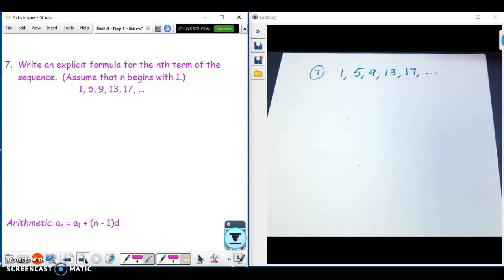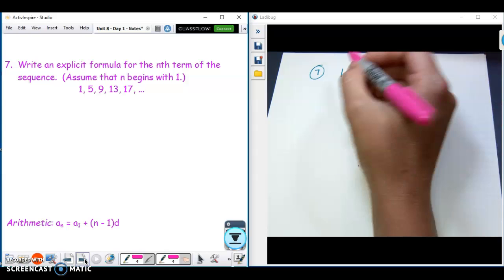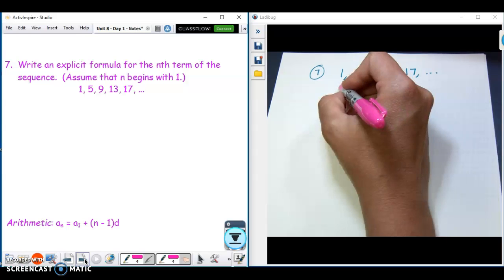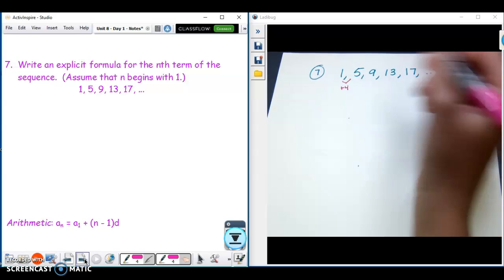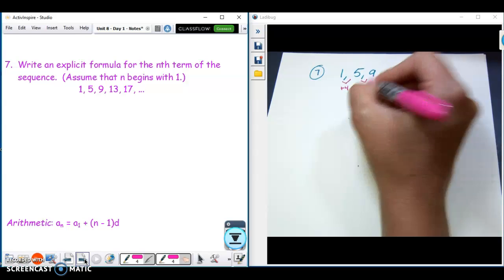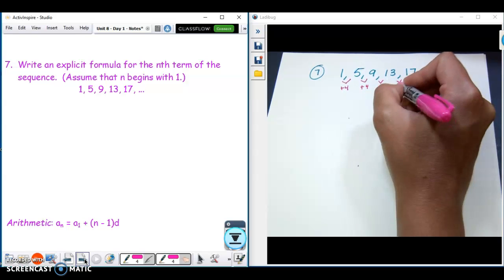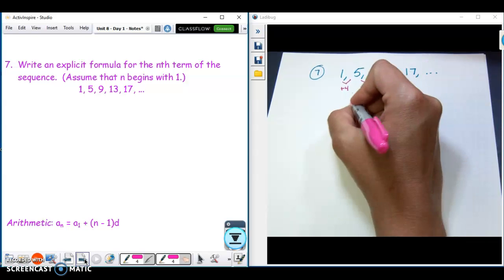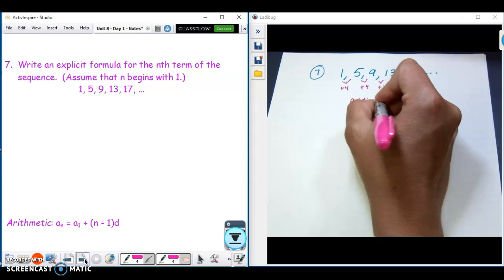So explicit formula means that if we can plug in the term number, we can get what the answer is. We don't have to depend on the one before. So what you need to look at first is what in the world is happening in this sequence. So if you look here from 1 to 5, we are adding 4. Well, from 5 to 9, we're adding 4. 9 to 13, we're adding 4, and so forth. So in our sequence here, we are adding 4.